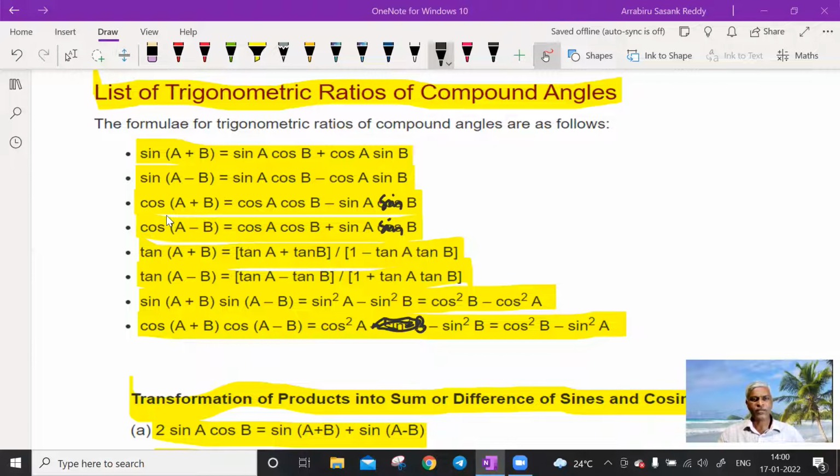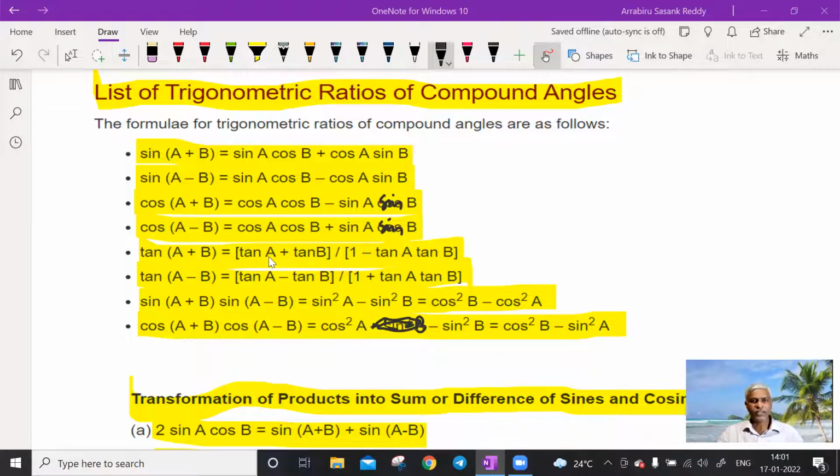But in the cos formula, the first term is cos cos and the second term is sin sin. And for cos A plus B, you will get minus in between. For cos A minus B, you will get plus. So it is reverse, you should remember.